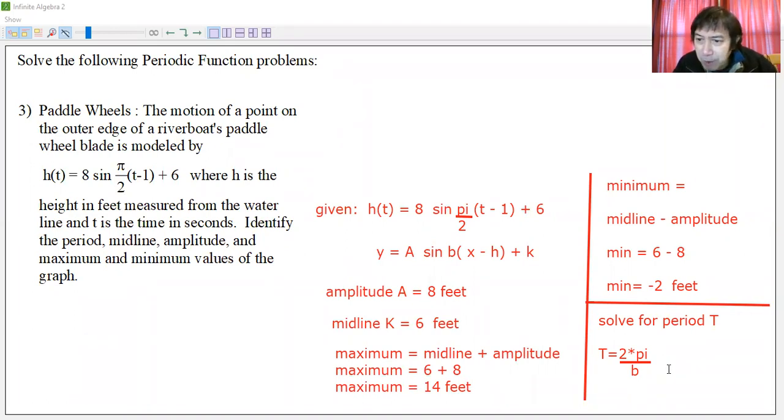Then we continue with the numbers. We have this b equivalent to pi over 2. Remember, this is our b.